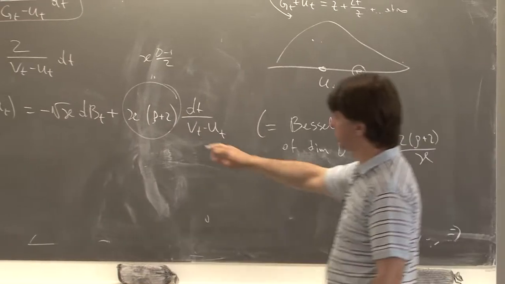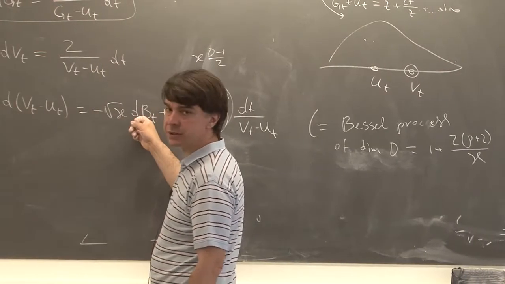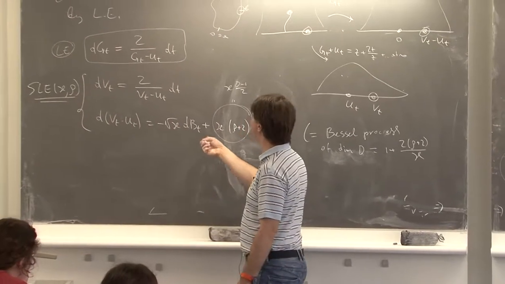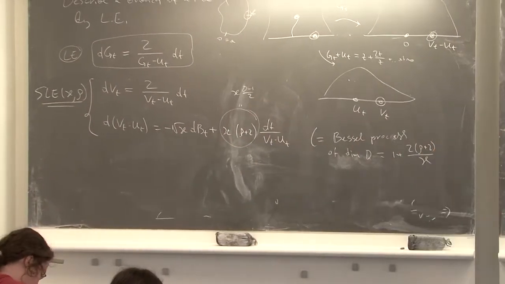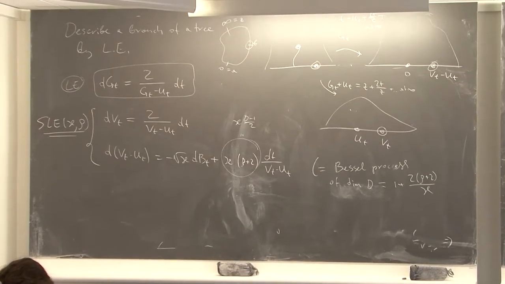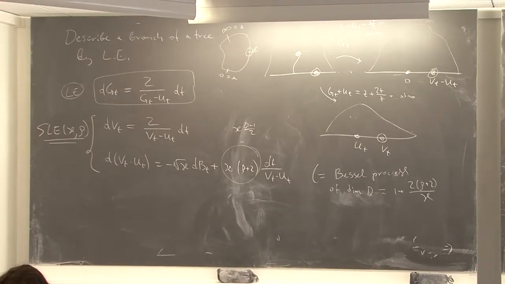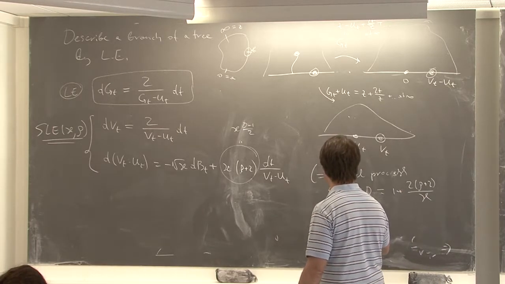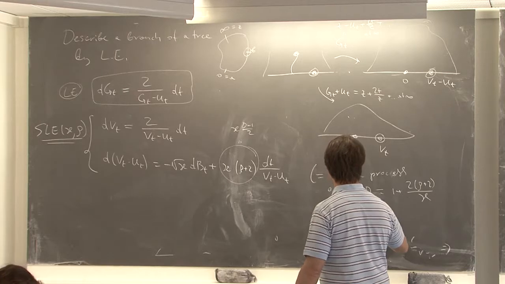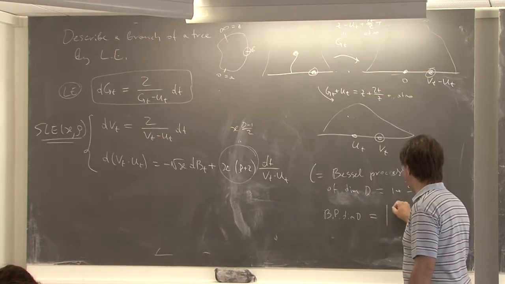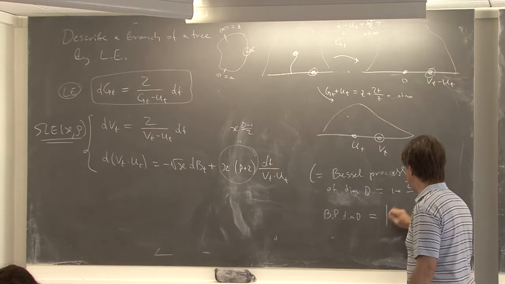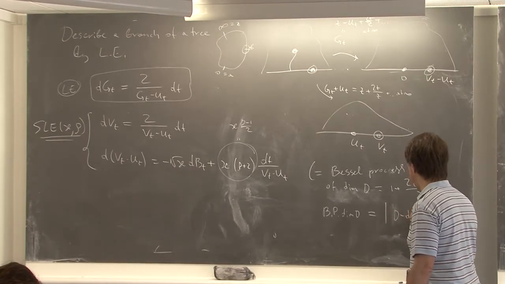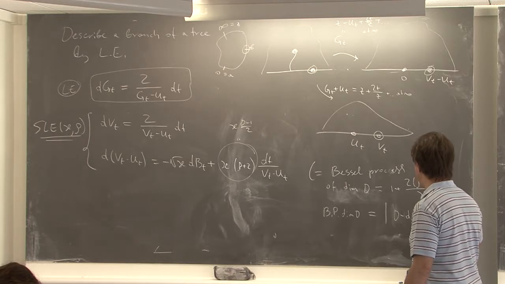So if you factor out kappa so that it's a standard Brownian motion, then you factor out square root of kappa here, and then you get d minus 1. So Bessel process has several definitions. For example, Bessel process of dimension d is the absolute value of d-dimensional Brownian motion.